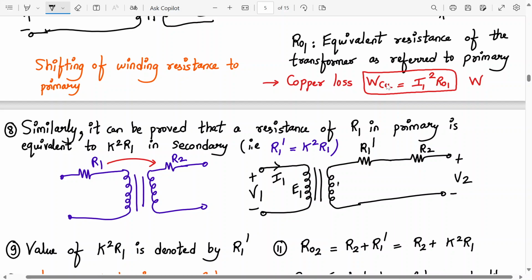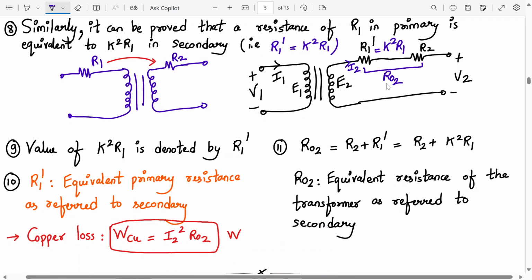So this is V2, E2, and this is I2. What is R1 dash? K square R1. Are you getting it? If you are transferring a resistance from primary to secondary, you have to multiply with K square. If you are transferring a resistance from secondary to primary, we have to divide by K square. Got it? And these two resistances together are called RO2.